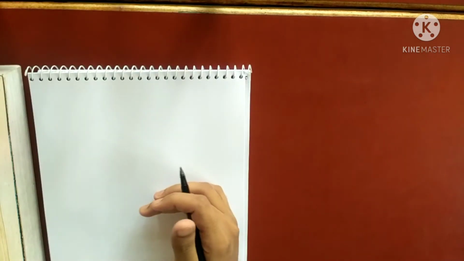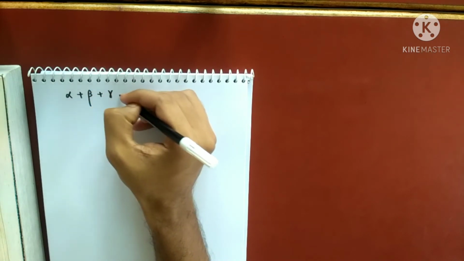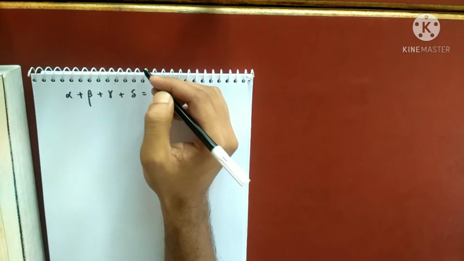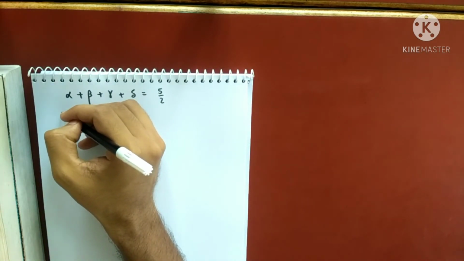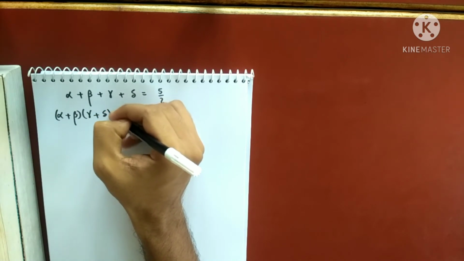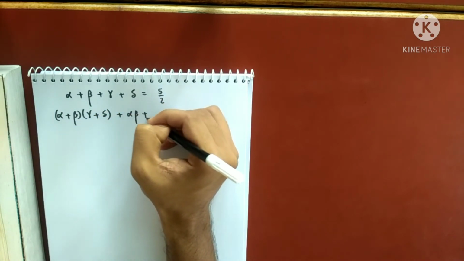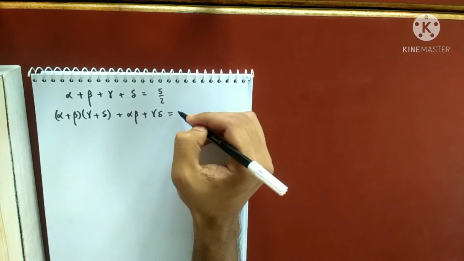So let me write the relations again. What was the first relation? Alpha plus beta plus gamma plus delta was 5 by 2. The second relation was alpha plus beta into gamma plus delta plus alpha beta plus gamma delta. This is nothing but minus 15 by 2.